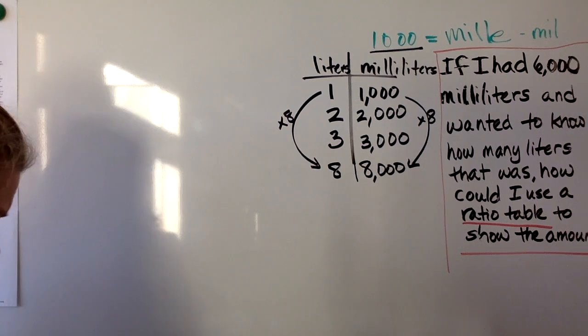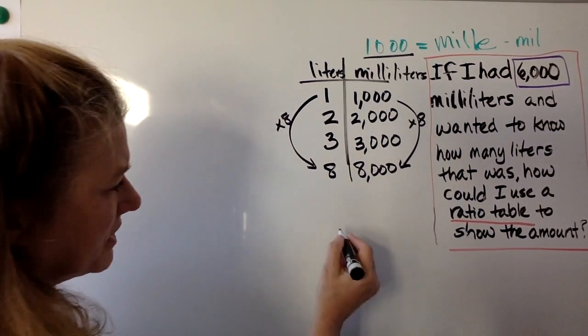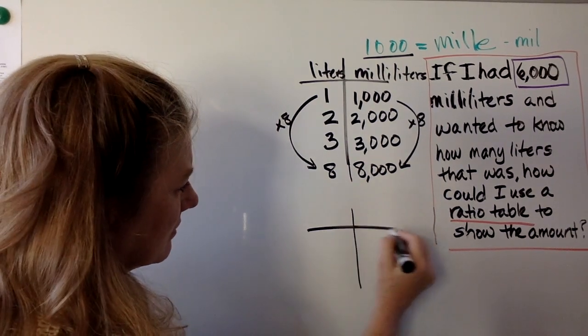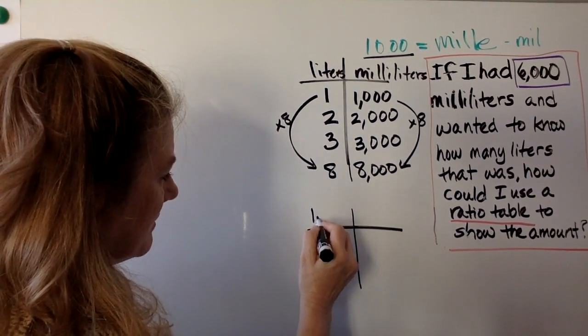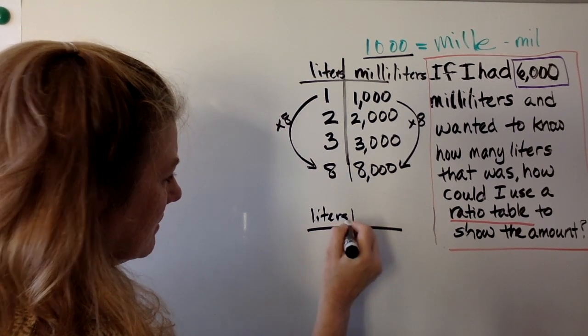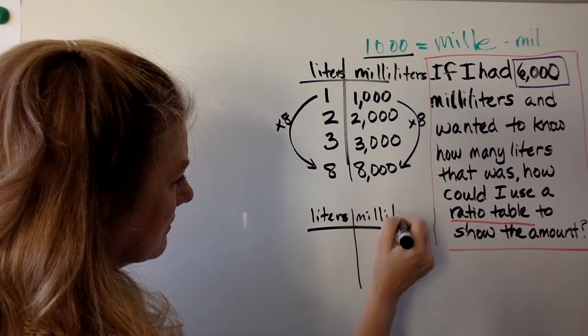Let's see, I'm going to use a ratio table. I know that I'm going to have liters here and milliliters here.